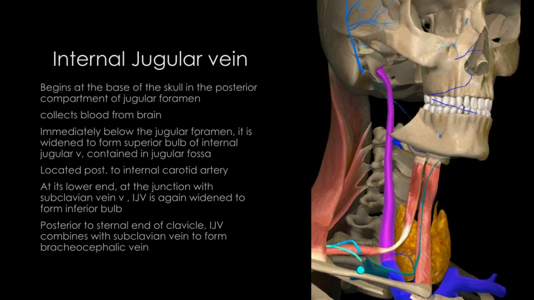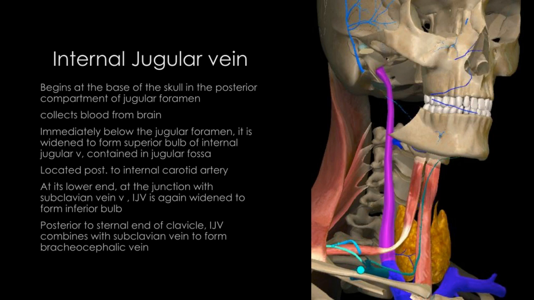Immediately below the jugular foramen, it is widened to form a superior bulb, which is contained in the jugular fossa. So this is the region of the superior bulb. It is located posterior to the internal carotid artery. So the internal carotid artery will be somewhere here. It is going through the jugular foramen.